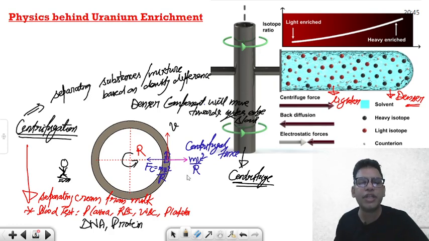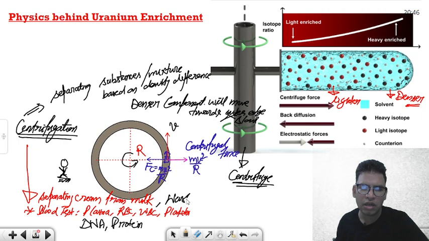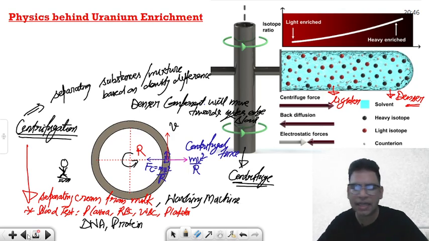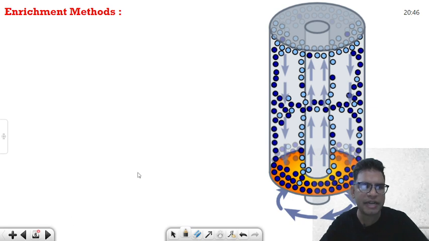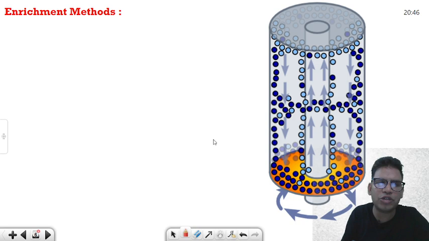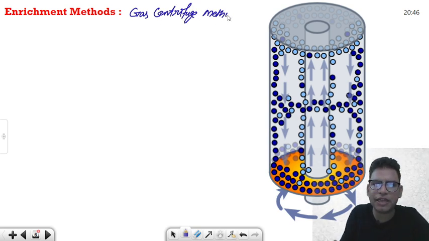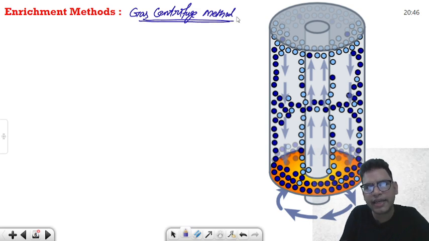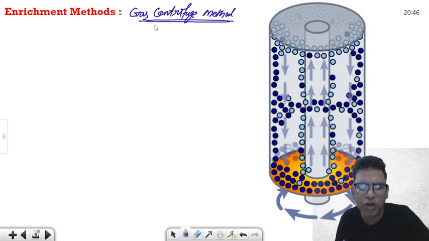You also use it in the washing machine, in our day-to-day life. Exactly the same thing is done for uranium enrichment, and in this enrichment method it is called the gas centrifuge method. What we do exactly is, how is uranium first converted?